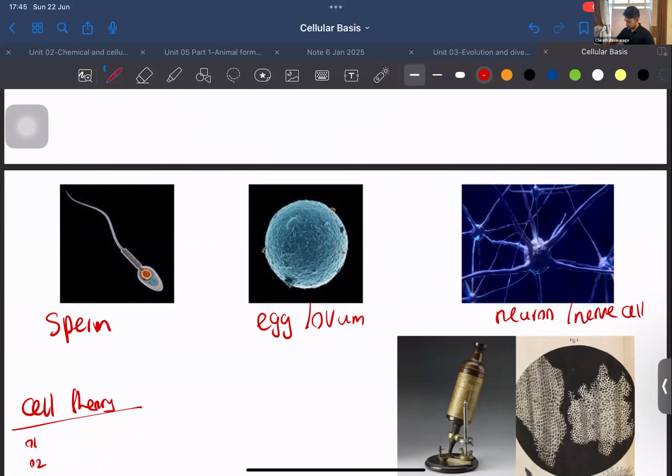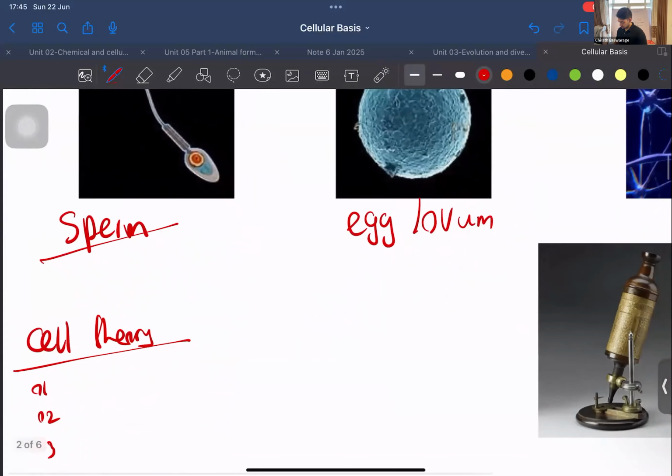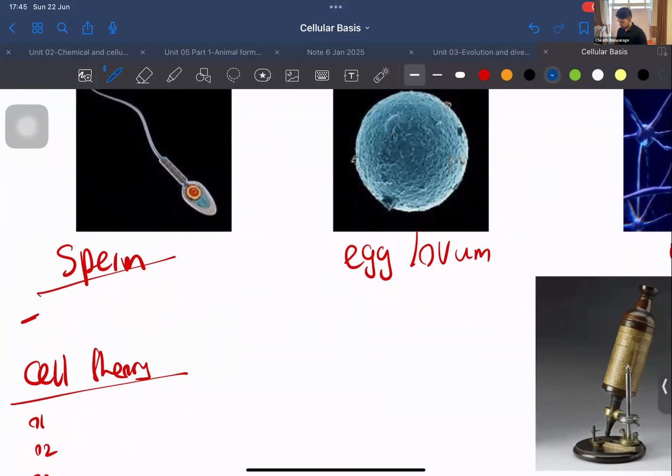So write down under the sperm, as something for your interest: smallest cell in the human body.